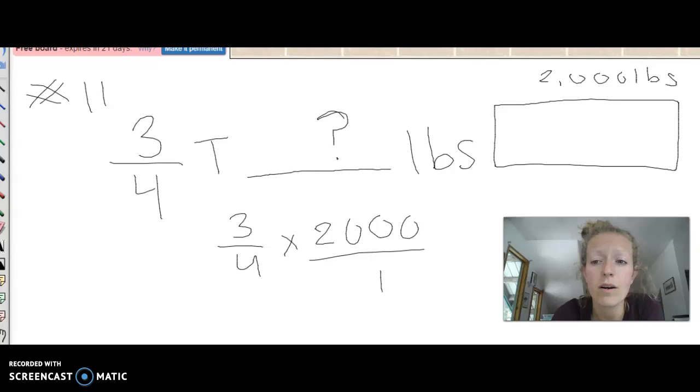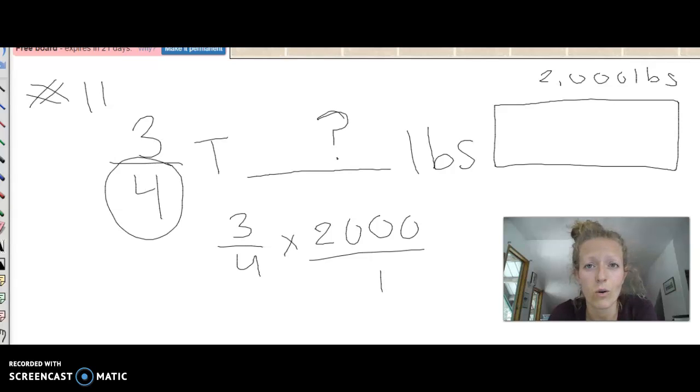How many sections am I going to divide my 2,000 pounds into? I'm going to divide it into 4 sections, because remember that denominator determines the amount of sections we have within our whole. Those are our fractions. So I'm going to divide this into 4.